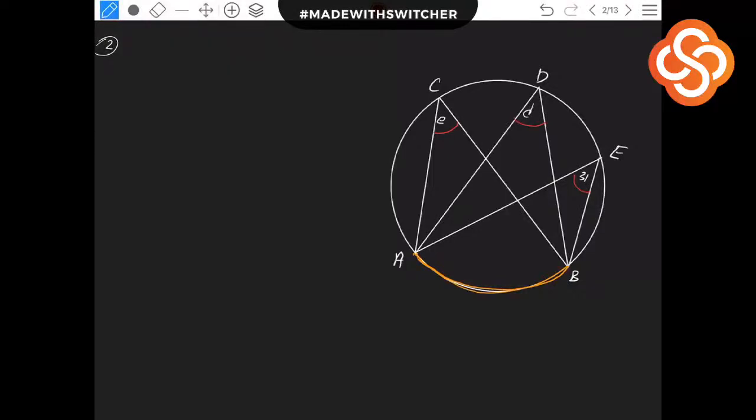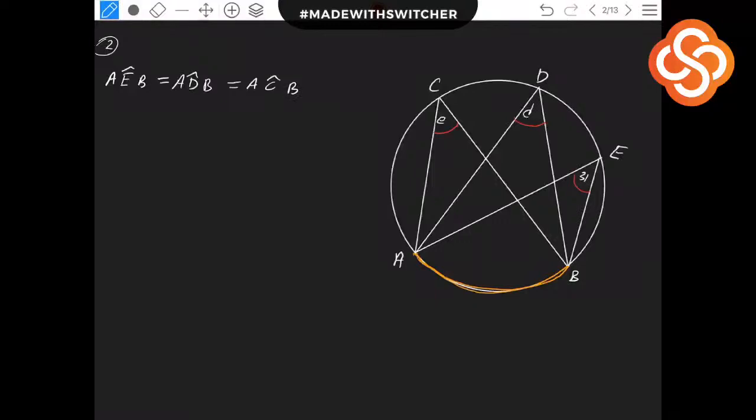The theorem looks as follows: angle AEB is equal to angle ADB, and it's also equal to angle ACB.